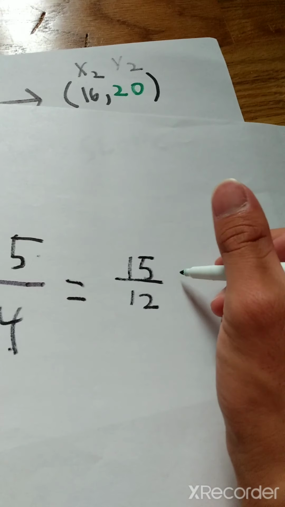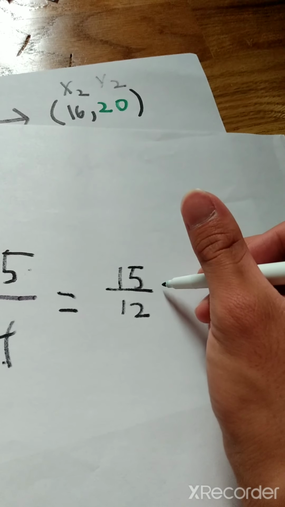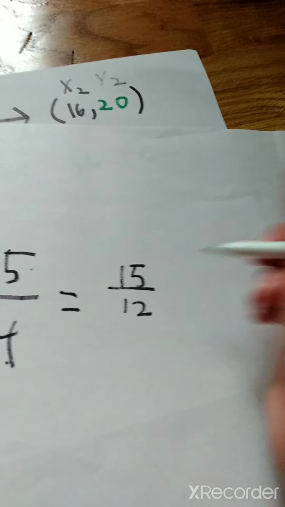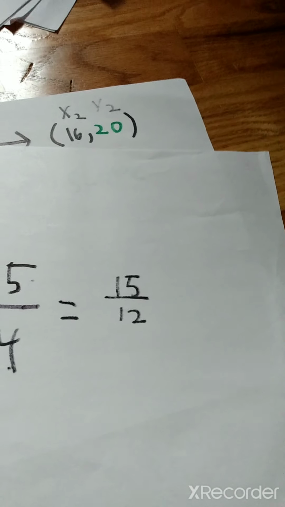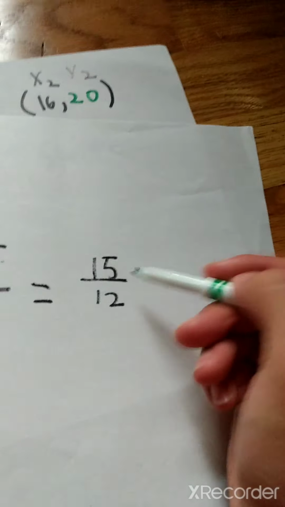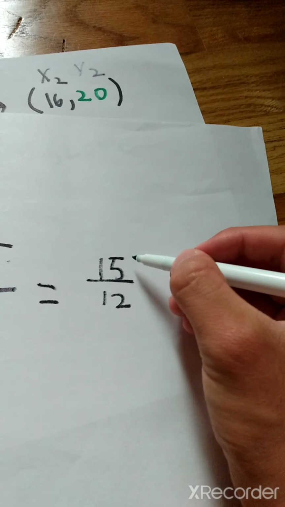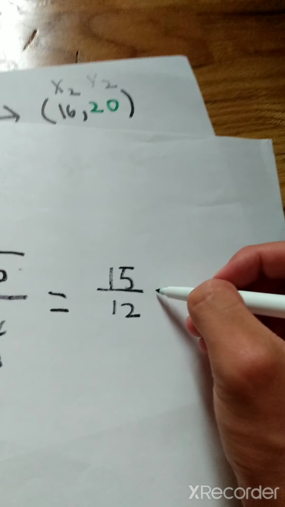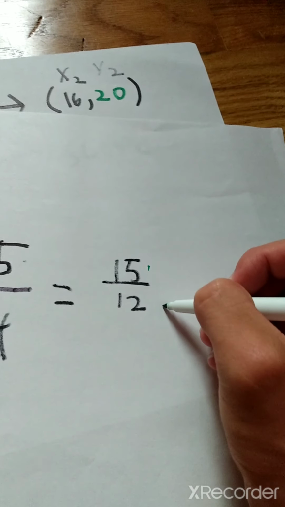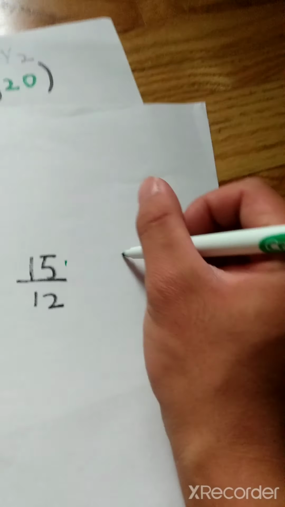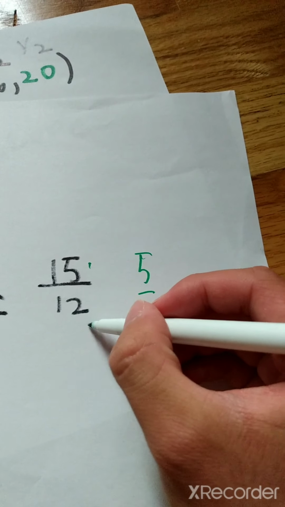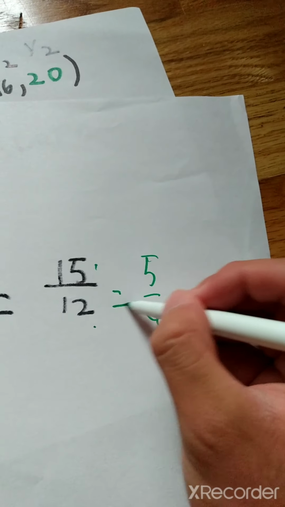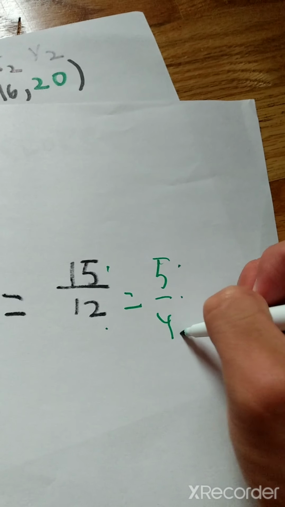But sometimes your math teacher wants you to simplify this answer. Sometimes they want you to put your answer in the simplest terms so it will be easy to understand and read. If we simplify 15 over 12, then we're going to get a slope of 5 over 4. 15 over 12 is the same thing as 5 over 4.